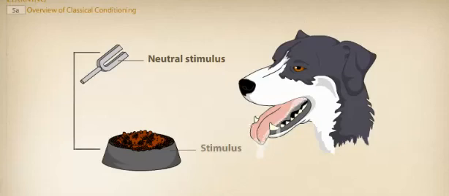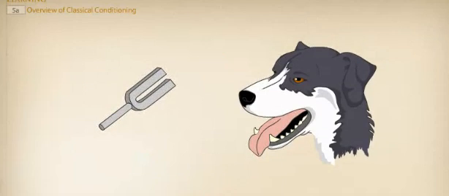However, Pavlov changed that by pairing the tone with the stimulus, the meat powder, that did produce the salivation. Through this process, the tone acquired the capacity to trigger the response of salivation. What Pavlov had demonstrated was how learned associations, which are viewed as the basic building blocks of the learning process, are formed by events in the organism's environment.